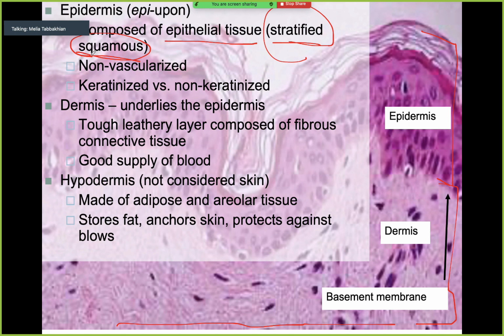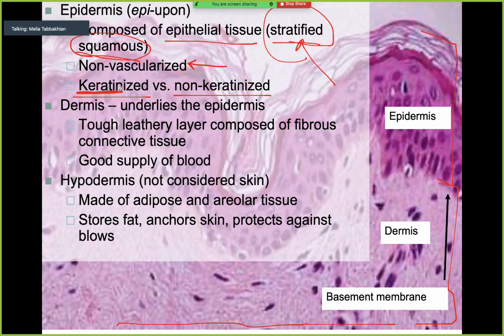This whole region of the epidermis is non-vascular. That means it does not have any blood vessels whatsoever. And it's made out of two types of stratified squamous epithelium, one that's called keratinized, one that's called non-keratinized. Keratinized epithelium has keratin in it.